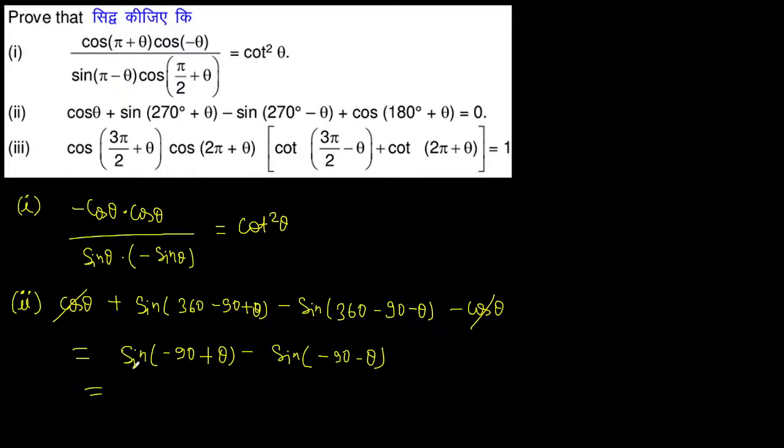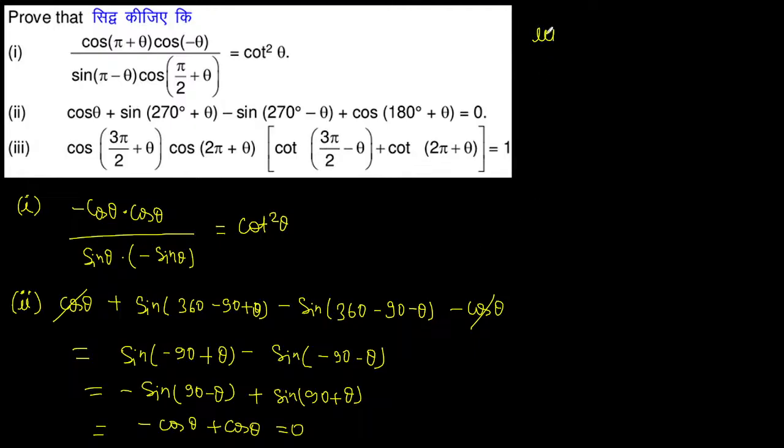So if you take minus out, we'll get sine 90 minus theta. If we take minus out, we have sine 90 plus theta. If you remember sine 90 minus theta is minus cos theta. This is plus cos theta, which is going to be 0. Okay.